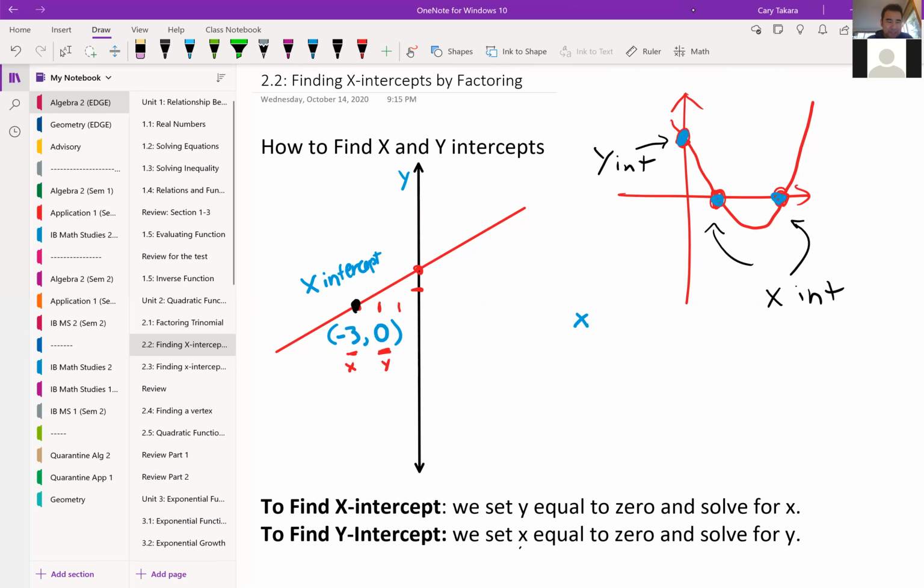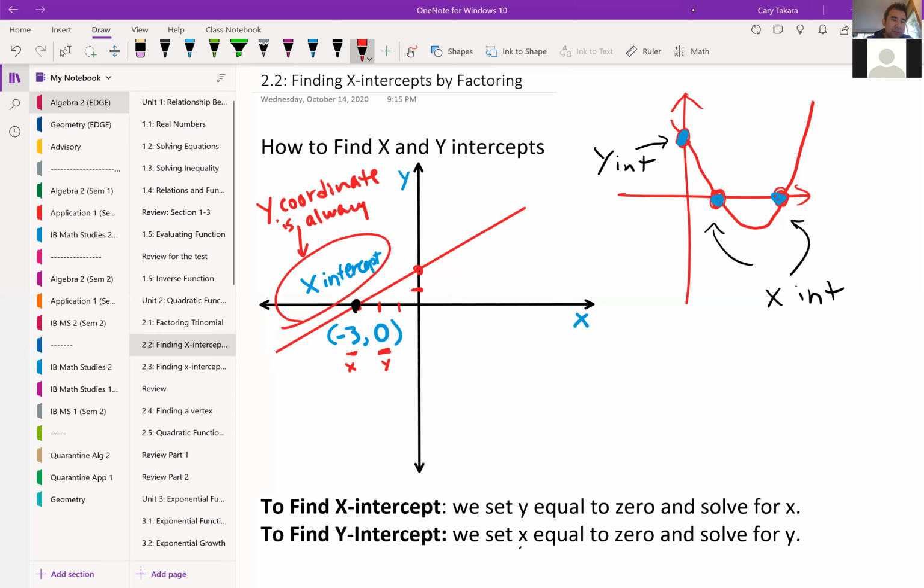What I'm getting at is that when you are finding the x-intercept, the y coordinate is always 0.